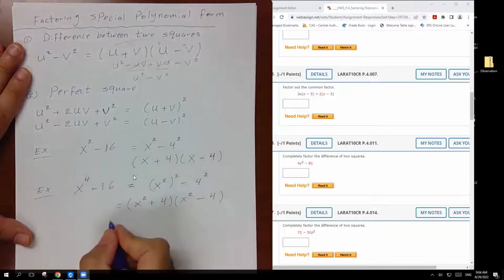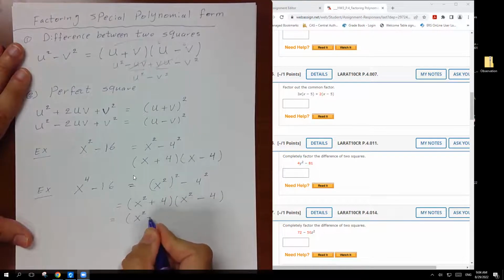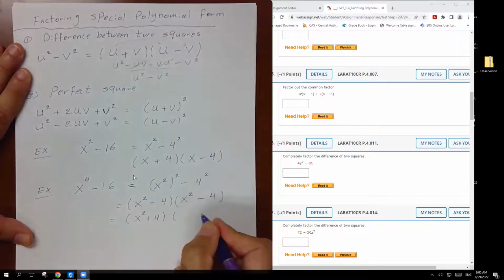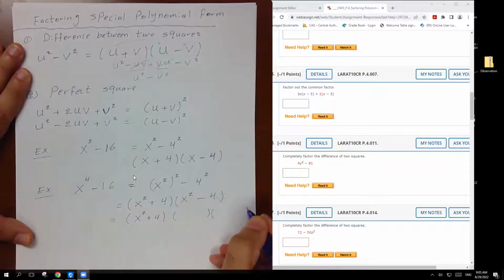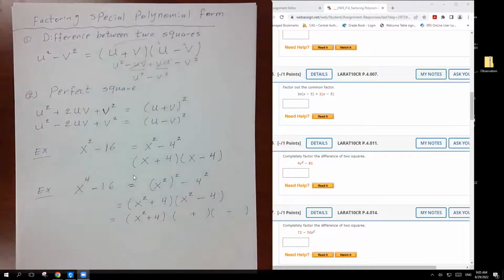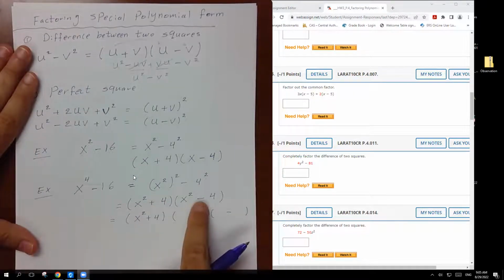So here's the first parentheses. For this one, I'm going to open another two parentheses, one plus, one minus, because they ask you to factor completely, you have to keep going. This is the first step, but I'm going to check the parentheses with the negative sign.